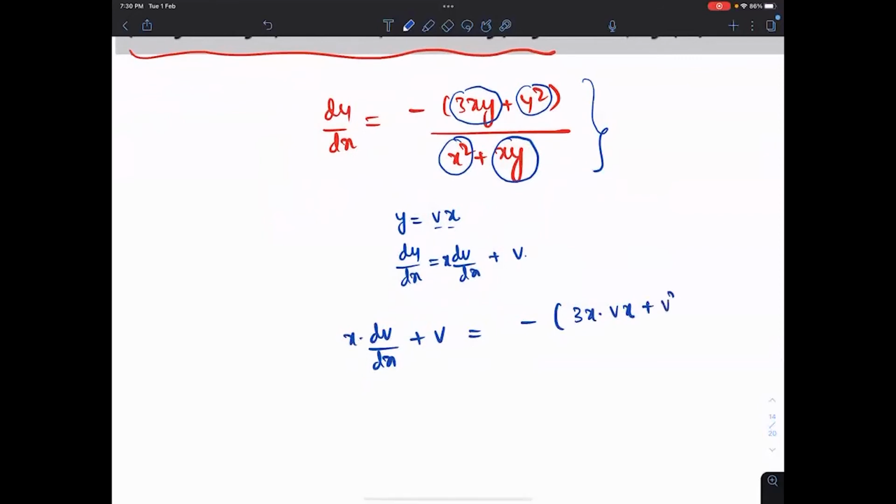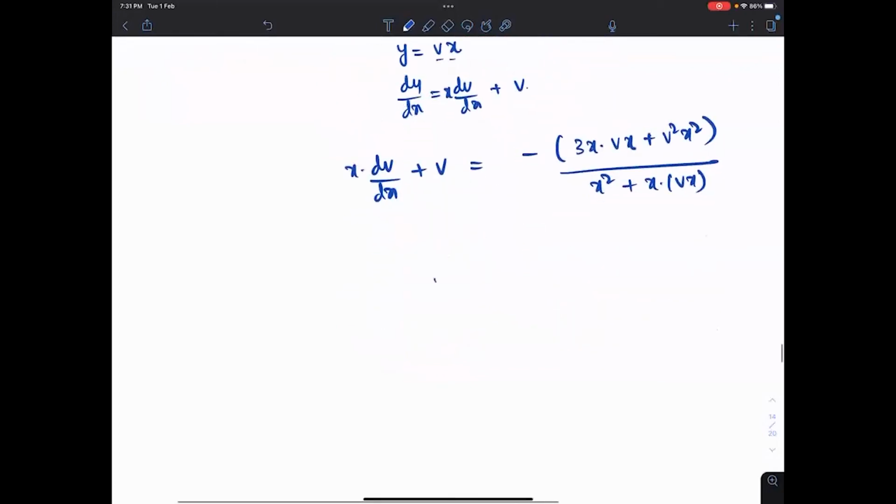And y square is v square x square divided by x square is x square only. x into y is vx. You will write like this. So finally you will get something like x into dv by dx plus v is equal to minus of 3v plus v square by 1 plus v. This is what you are getting.